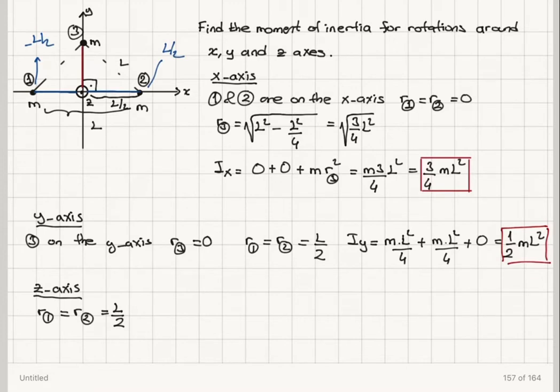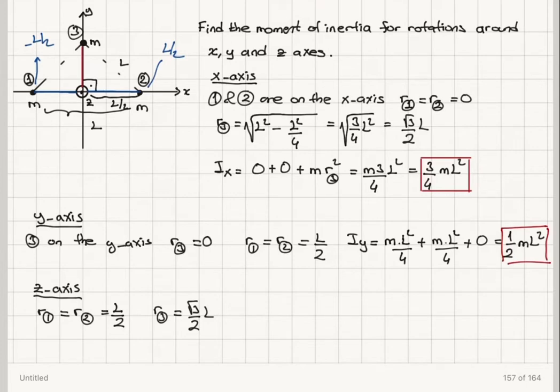And what is the distance from the third particle to the z-axis? That one is what we have calculated here. It was square root 3 over 2 L. So that's the red line. So R3 is square root 3 over 2 L, because we calculated it before.